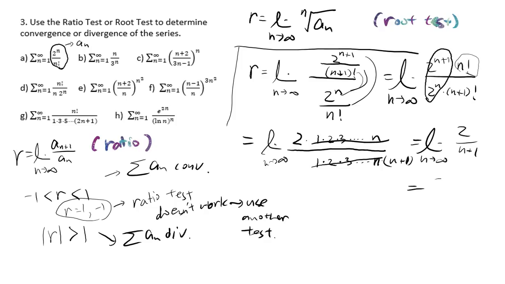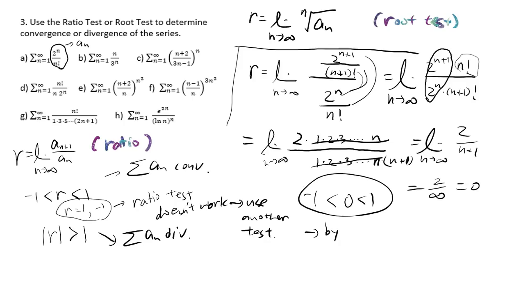And that's 2 divided by infinity, which is equal to 0. Okay, that's great because 0 is between -1 and 1. So what does that mean? By ratio test, sigma n from 1 through infinity of 2 to the n over n factorial converges.